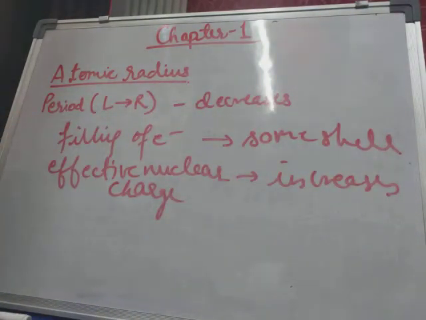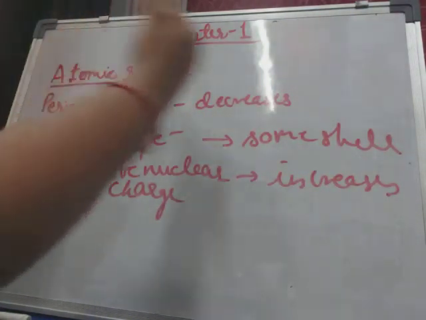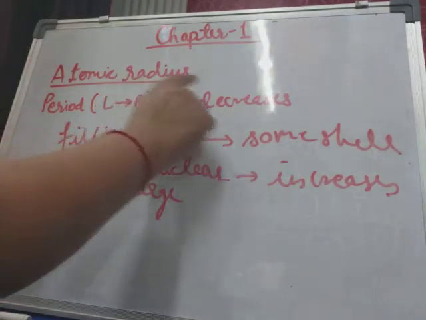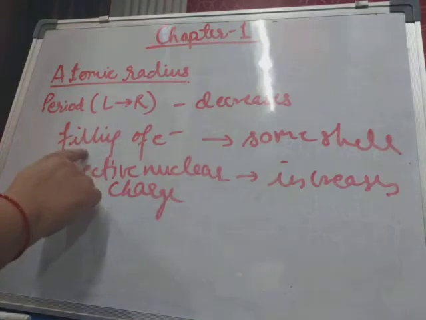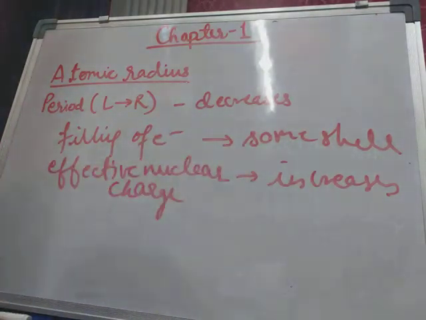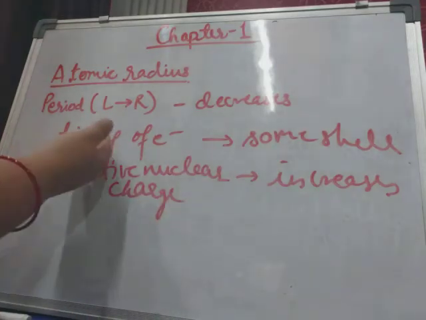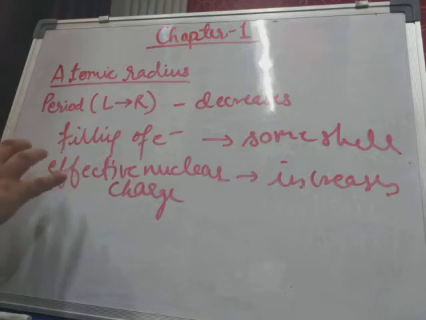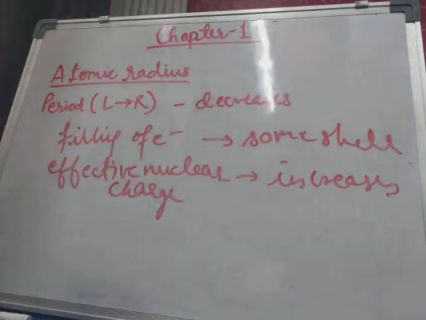When we are moving from left to right in a period, atomic size decreases due to increase in effective nuclear charge, and filling of electrons takes place in the same shell. That's why atomic radius decreases on moving from left to right in a period.